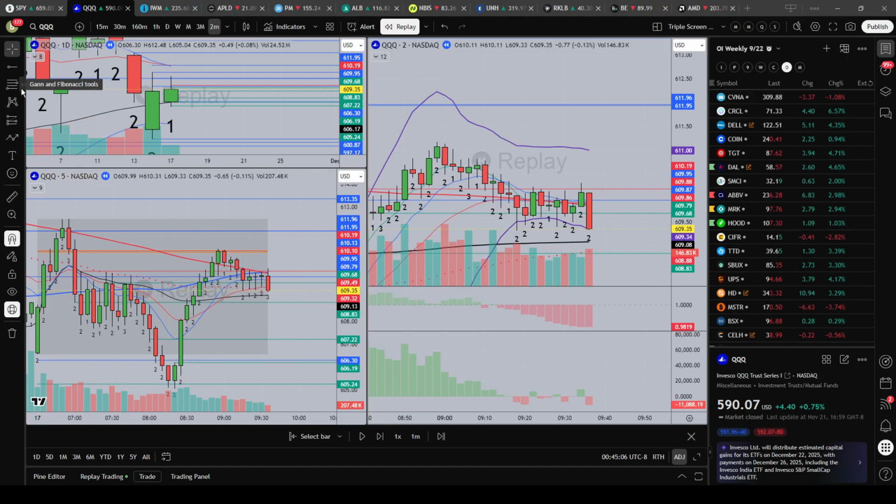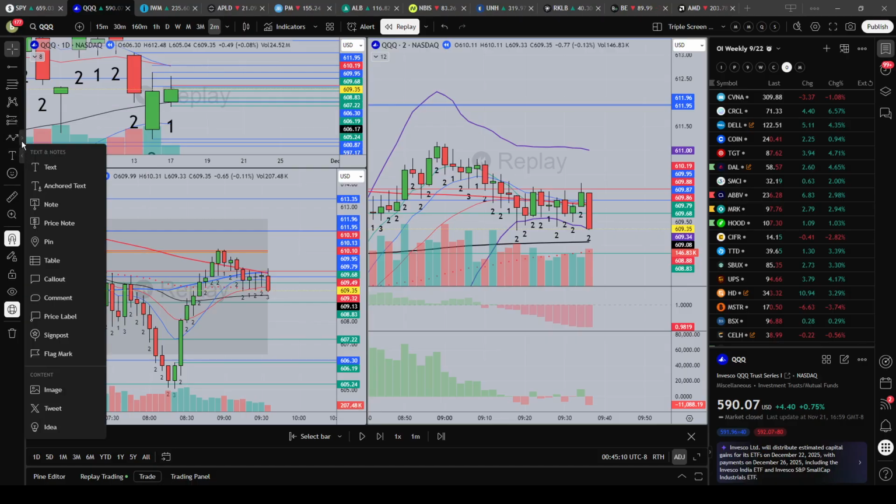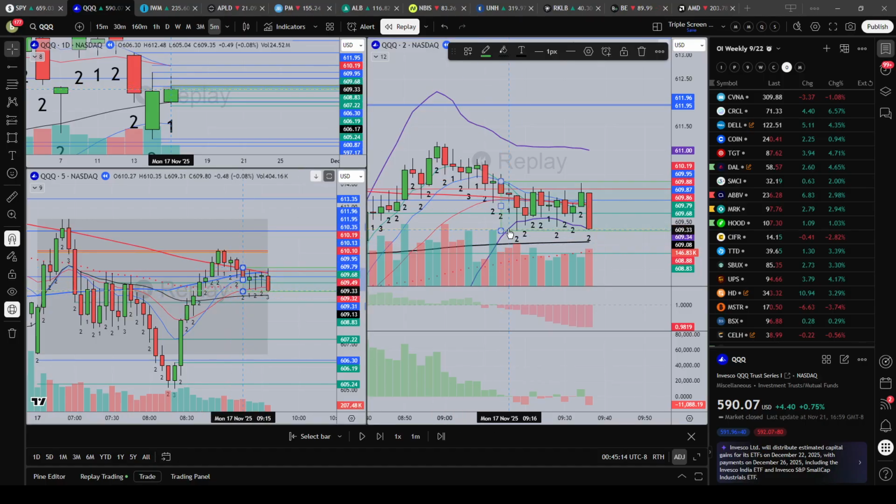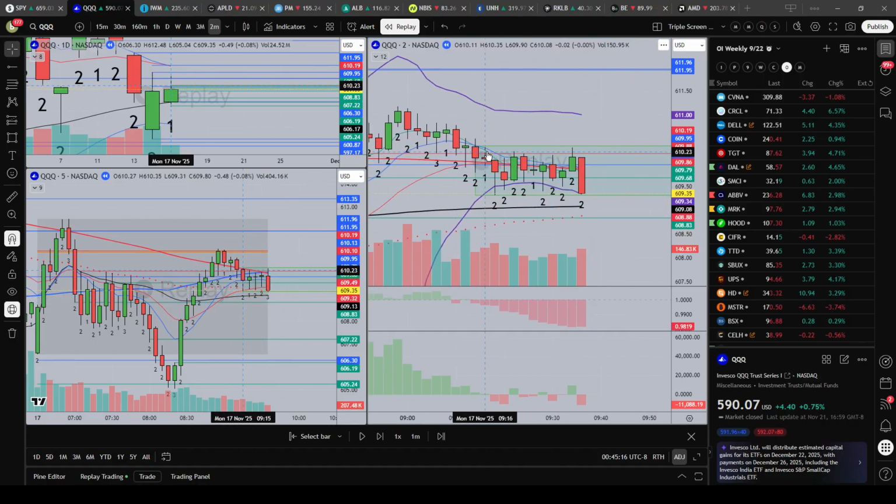Now what we're looking for is confirmation to the downside. So how do we see that? This is your consolidation zone. Right, so if I'm going to take this short, what do I want to see? I want to see price do something like this.